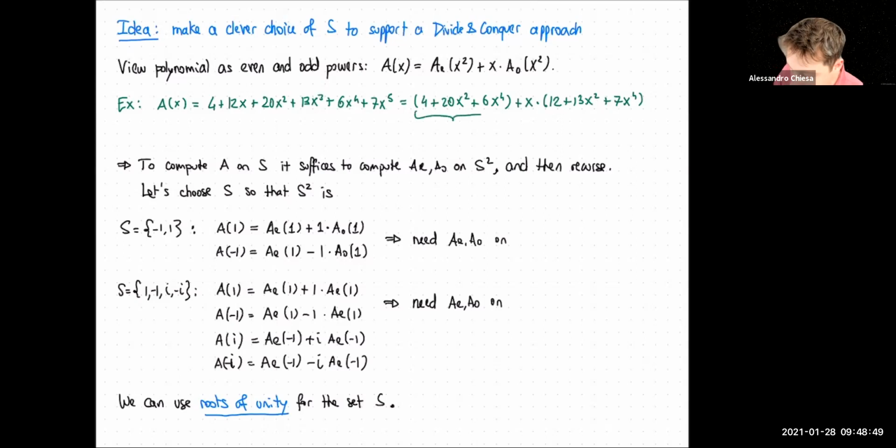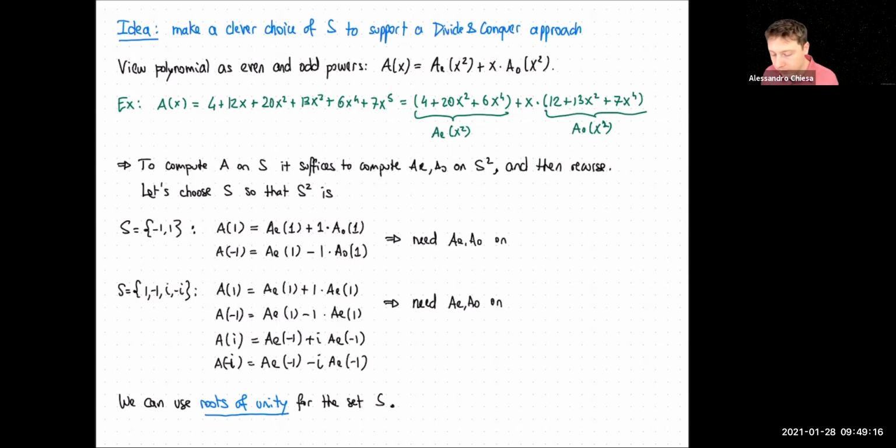And I'm going to call this one A sub e of x squared, and this one A sub o, for odd, of x squared. And why do I say of x squared? Because you will see that these are polynomials in the variable x squared. Only powers of x squared appear, so I might as well express them in the x squared variable.